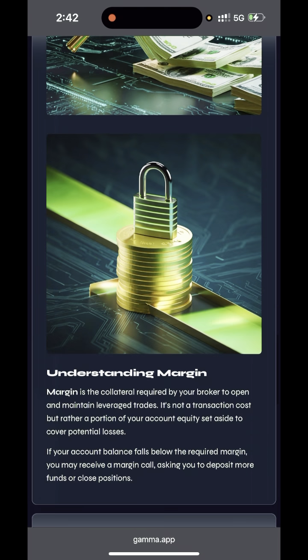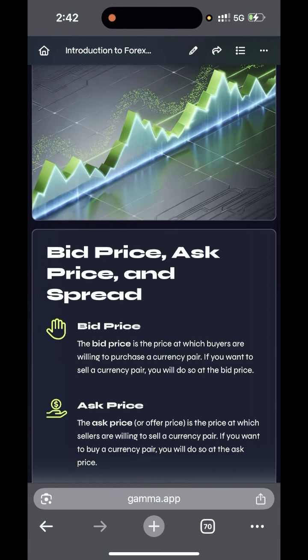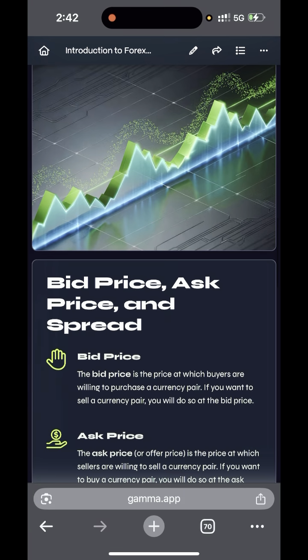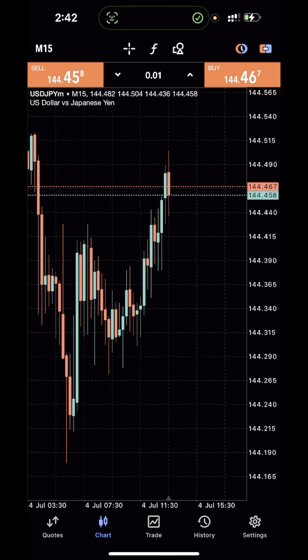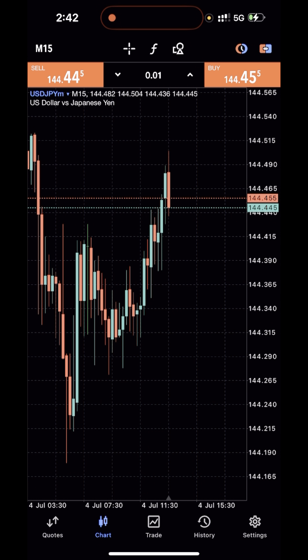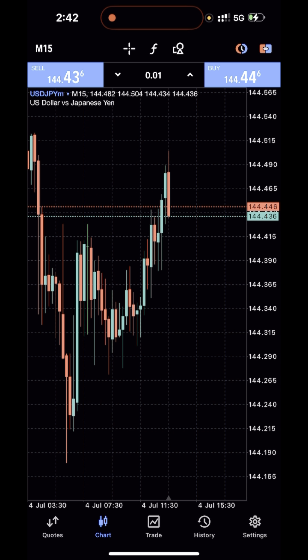So just see leverage as that collateral, right, that you put to take more risk or to get more reward. For instance, if you have $10, and you put a leverage of 10, that means you can take a trade of $200.